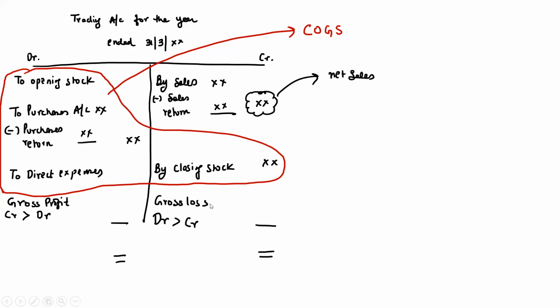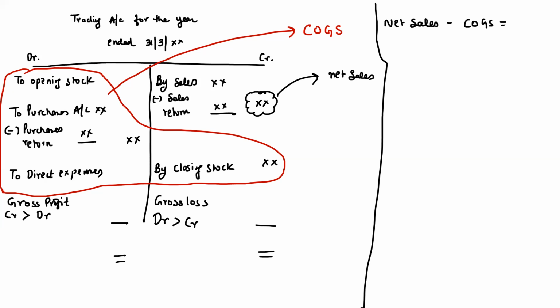So this we have done in the last class. So from this trading account, we also get another equation, that is net sales minus cost of goods sold is equal to gross profit. So अगर positive आएगा gross profit, अगर negative आएगा gross loss.